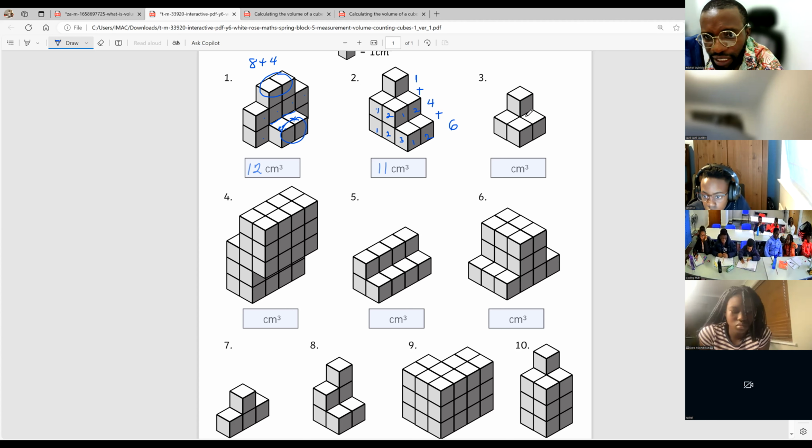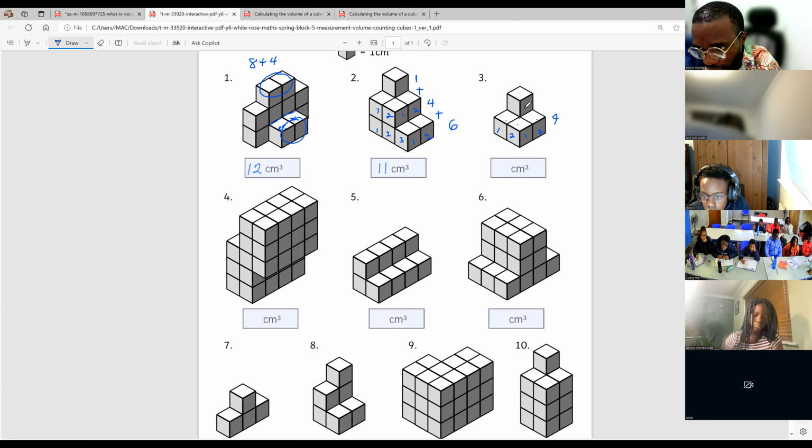Just like this, Christabella, this is 1, 2, and this is 1, 2. So that means there are 4 here. So you can only see 3, isn't it? There is 1 underneath this one. Does that make sense? Yeah. This is 1. So 1 plus 4 is 5.